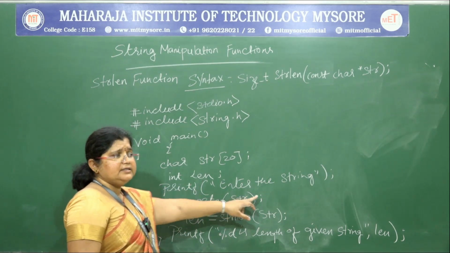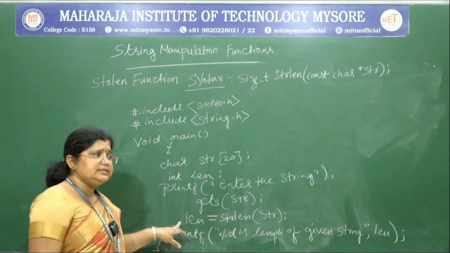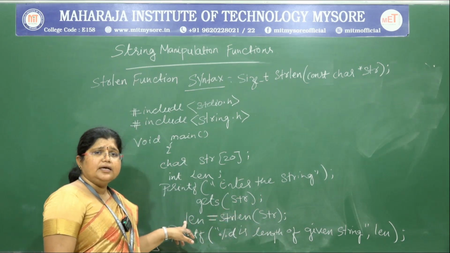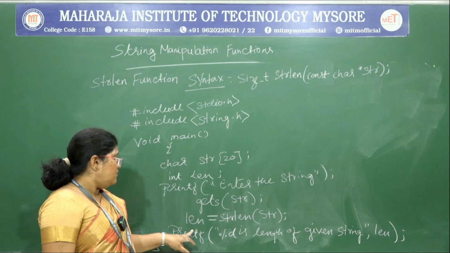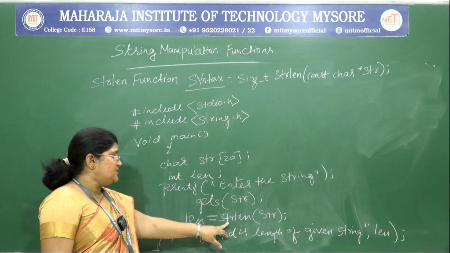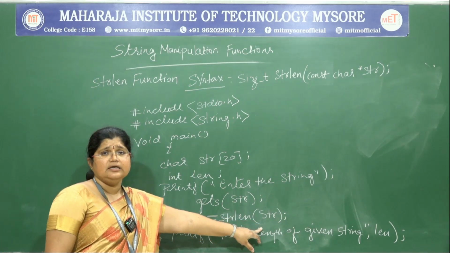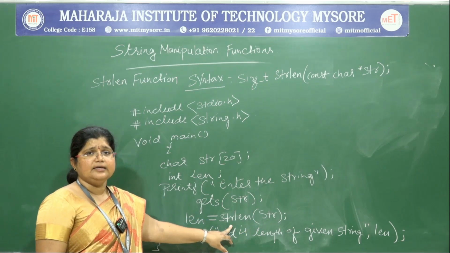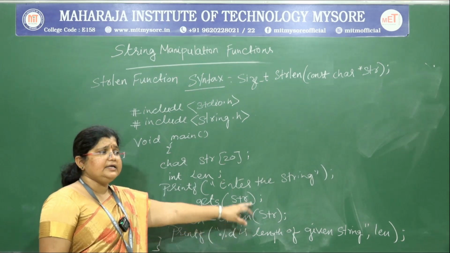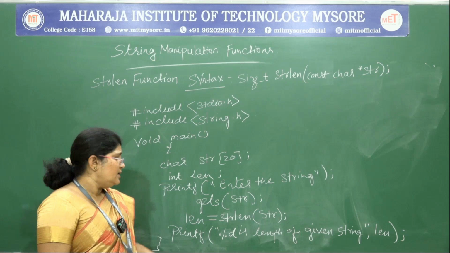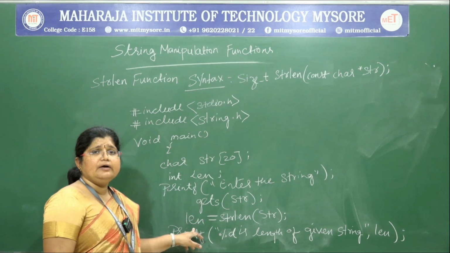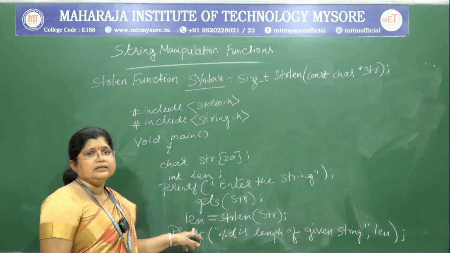Printf, enter the string. We are going to enter the string by using the gets function. Now to find the length, passing the parameter str to strlen, and it returns the length of the string, and it will be stored in the variable len.